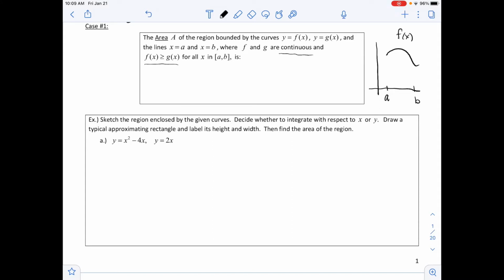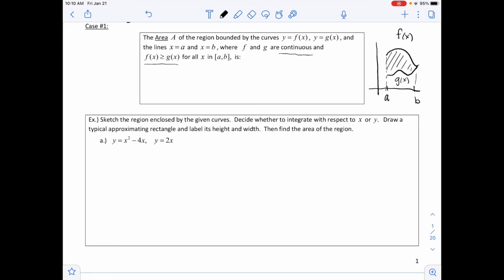And f of x is greater than or equal to g of x, so I'm going to draw another graph over here, g, which is going to be lower than it. I'll call this one g of x. Between a, which is right here, and b, which is right here, we are trying to find the area between those two curves.